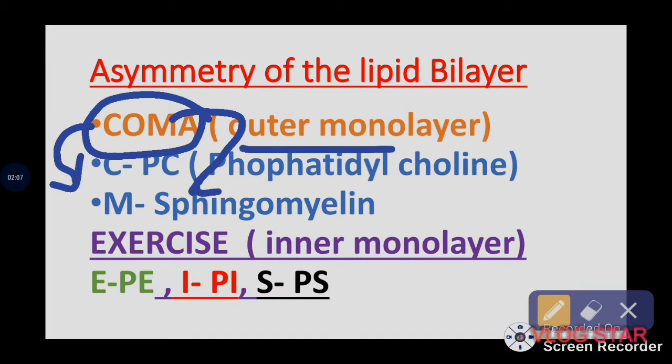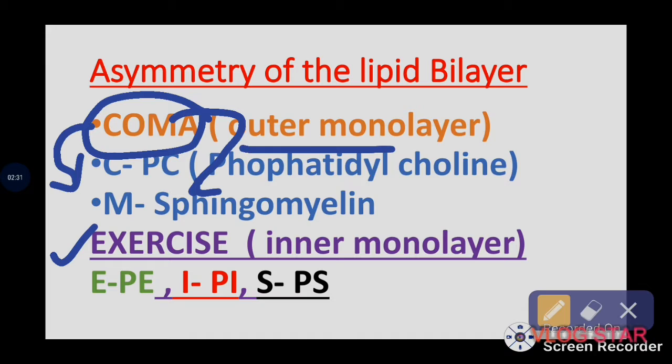And there is another term, exercise, which I have told you earlier. In this lockdown situation, we have to stay inside our homes. So in order to be fit, we have to exercise regularly inside our home. So exercise inside means inner leaflet.